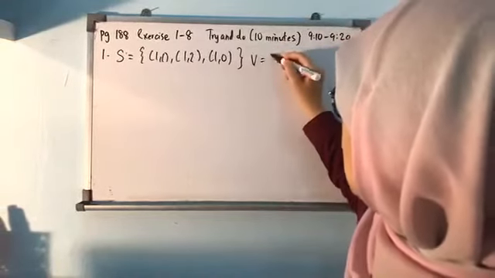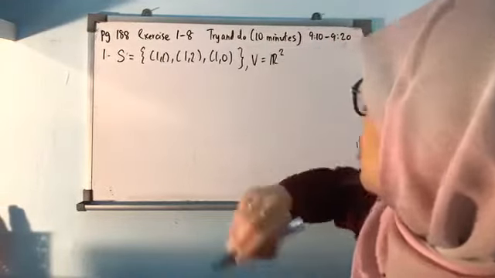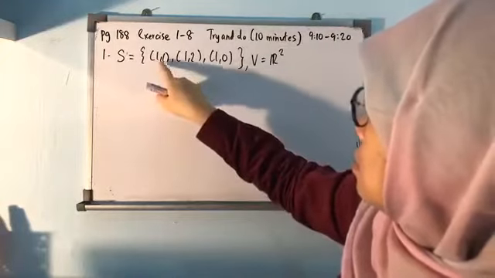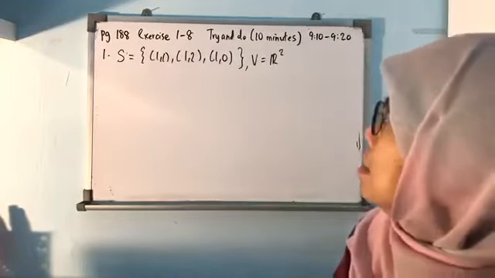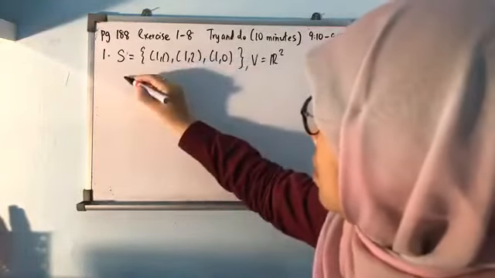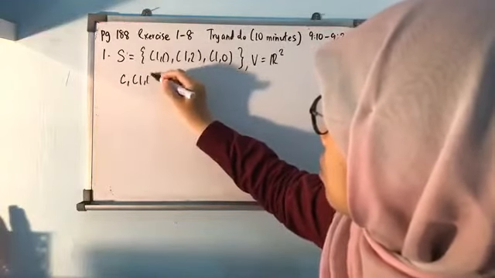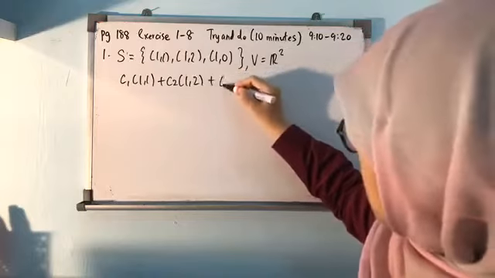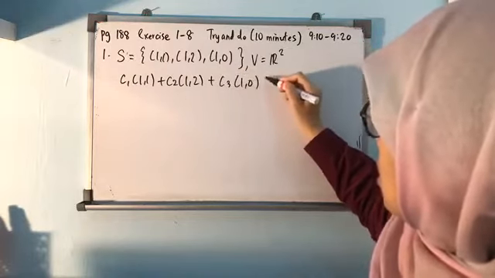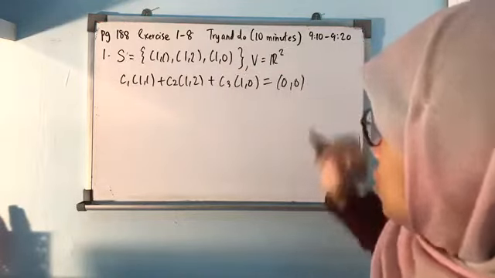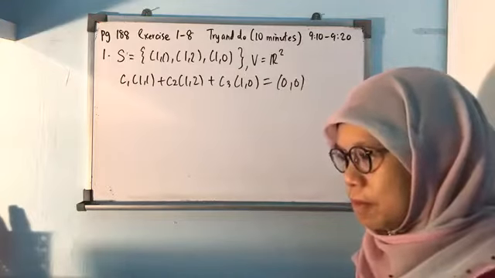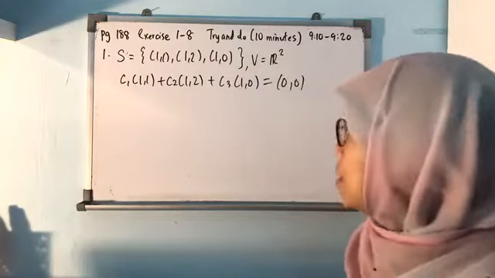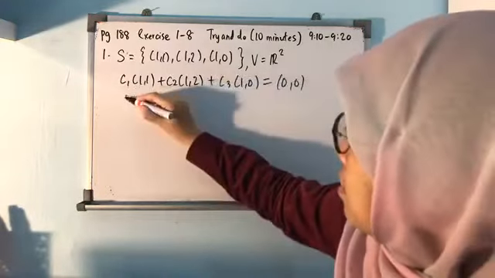So V is R2, because 2 here, right? So we will write C1 (1,1) plus C2 (1,2) plus C3 (1,0) equal (0,0). Then the matrix 1 1 1 0, 1 2 0 0.